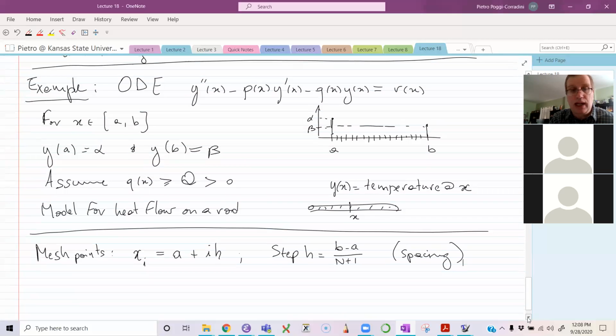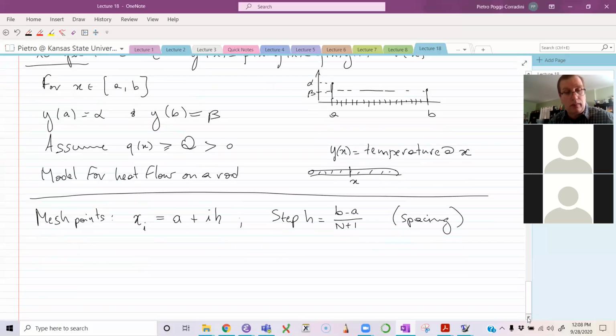All right. So what happens if you do that? Well, i is going to go from 0. When i is 0, I'm at a, right? Then 1 all the way to n, and then actually all the way to n plus 1, because when i is n plus 1 and you multiply by h, the n plus 1 cancels. b minus a plus a gives you b, right?